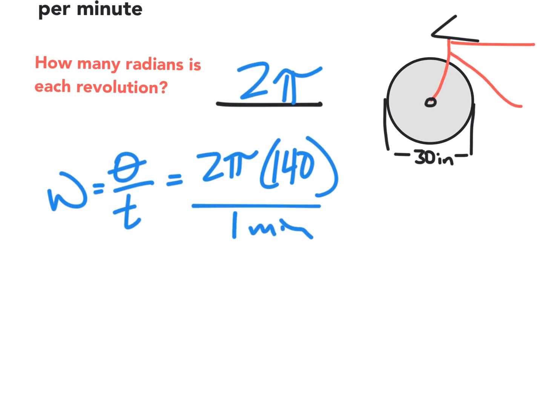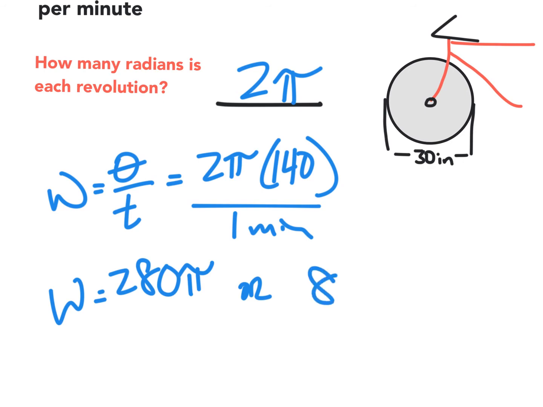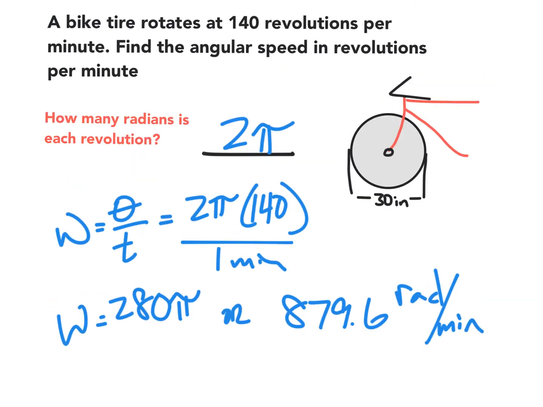So we can say that the angular speed is 280 pi radians per minute, or about 879.6 radians per minute. And again, just to quickly go over this, each revolution covers 2 pi radians, and that's happening 140 times per minute, so that's why we multiplied those two numbers.